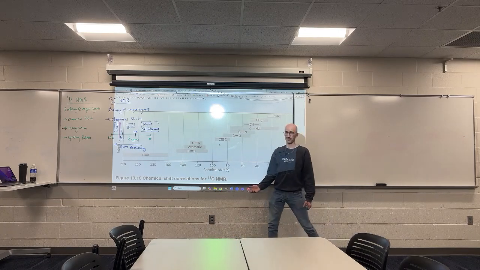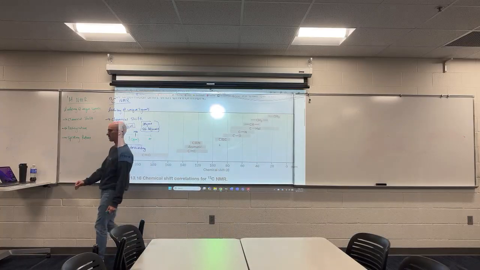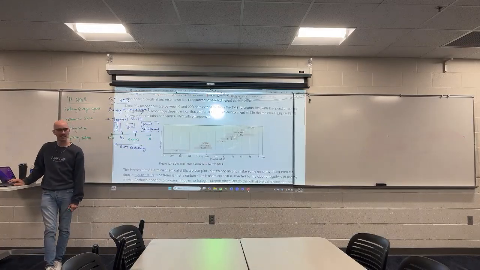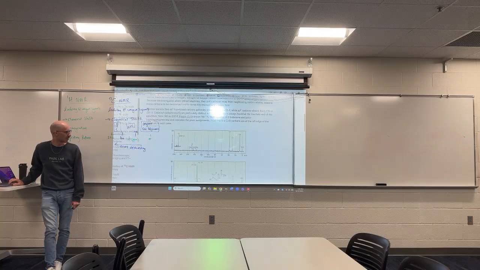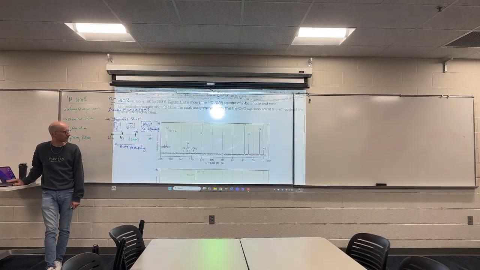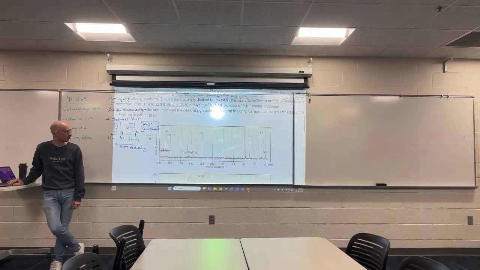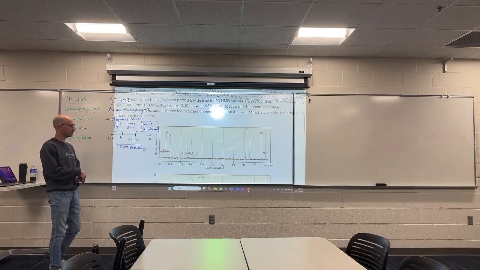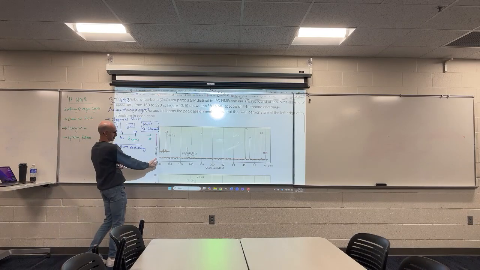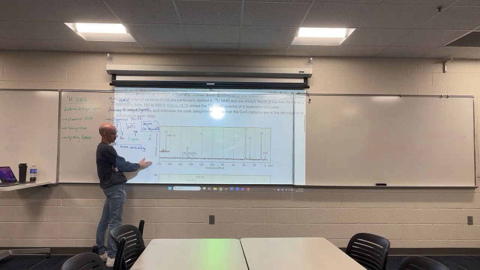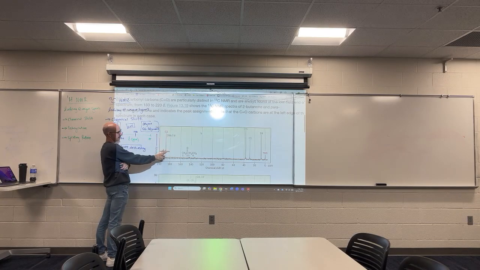That's it for carbon NMR. It's not as detail heavy as proton NMR. So take a look at this example of a carbon NMR, where we have, I don't know why they couldn't just extend this spectrum by another 10 ppm, and instead they had this inset that happens right here.